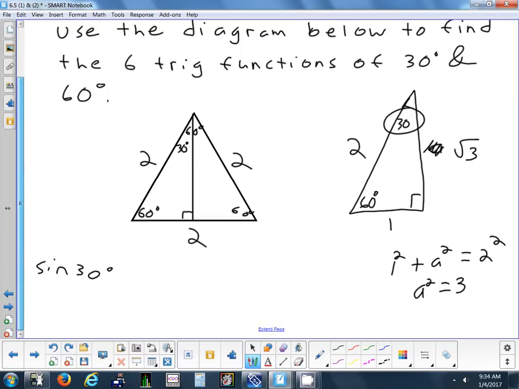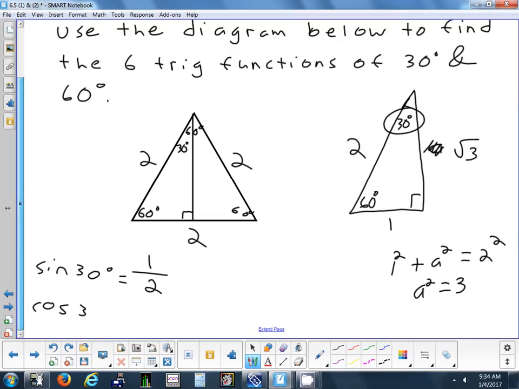What's the sine of 30? Curtis, tell me the sine of 30. Sorry, I was looking at something different. Yep, 1 over 2.